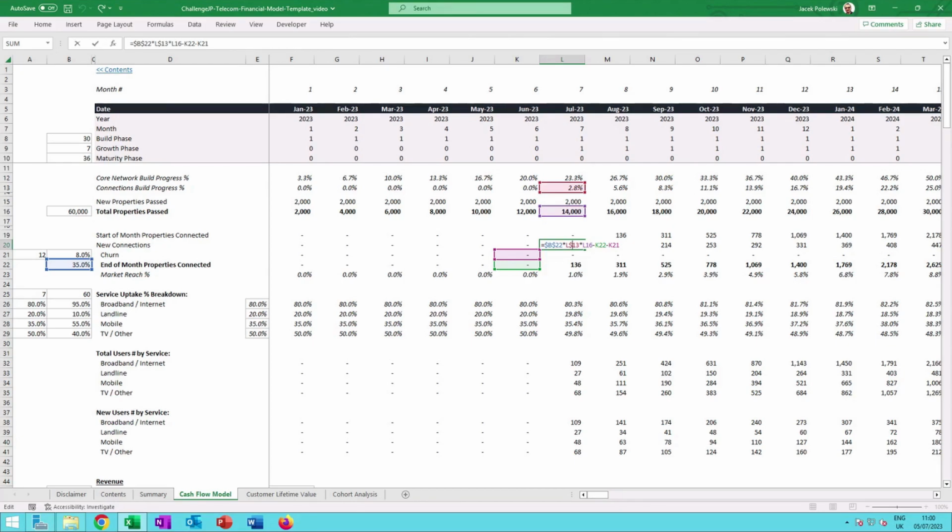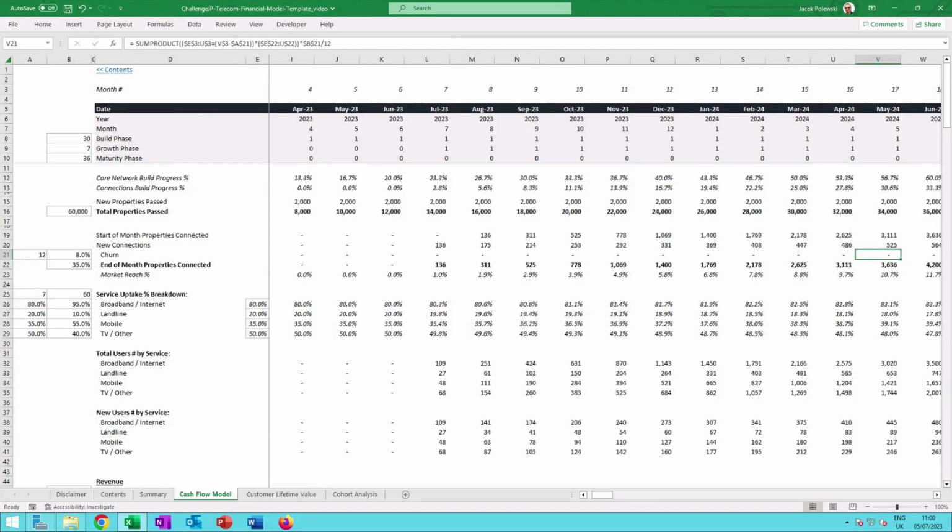Because we want to make sure that if you lose any of the customers due to churn, that's also taken into consideration when you calculate your market reach.